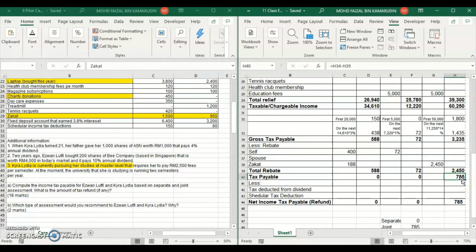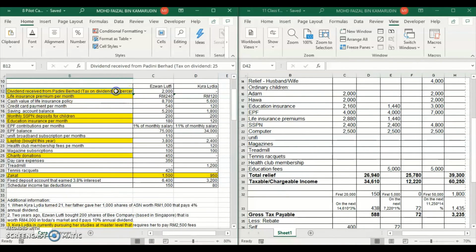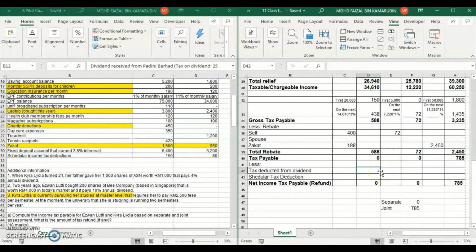Okay, we don't stop there, because we have to make some further treatment on the tax deducted from the dividend, if any. In this case, if you still recall, I mentioned just now, he was taxed 25% at source when he received dividend from Padini. So we can claim back.